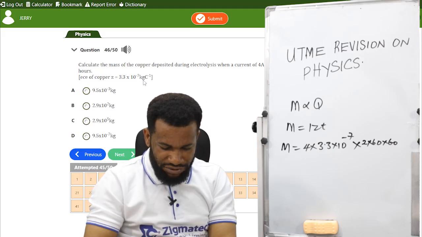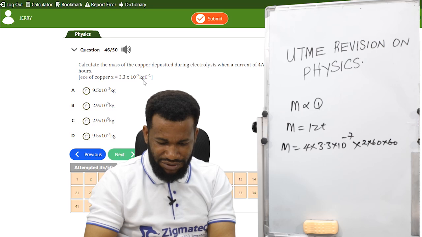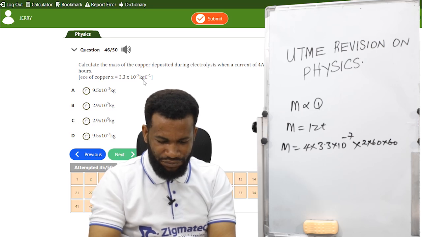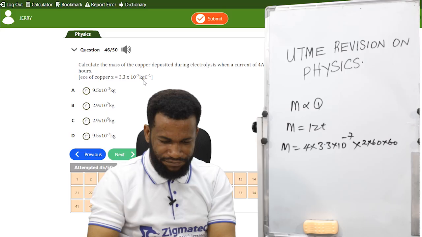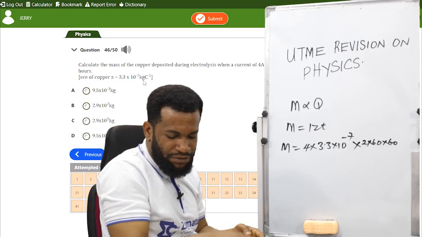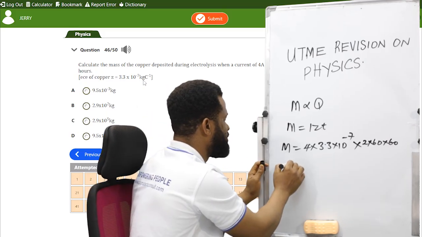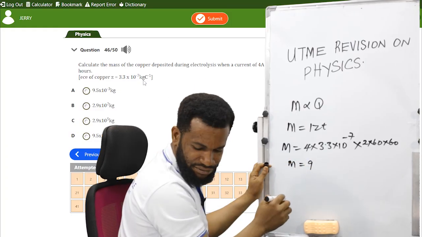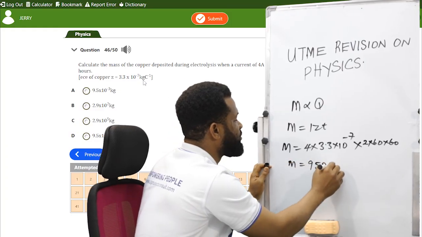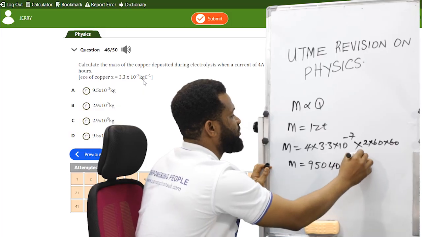So 4 times 3.3 times 2 times 60 times 60 is 95040. Mass is 95040 times 10 raised to the minus 7.